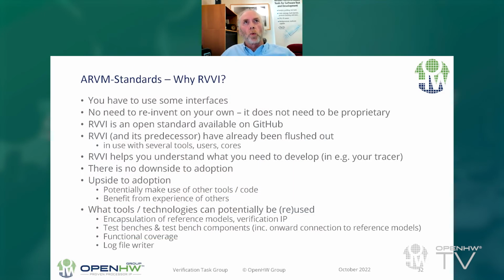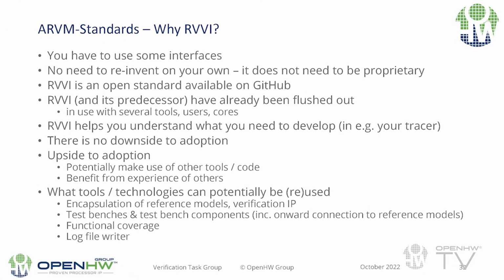And you say, okay, so why RVVI? Why should we think about this? Well, you've got to use some interfaces, and there's actually no need to reinvent your own, because they don't really need to be proprietary, and you actually don't want them to be proprietary, and then you can reuse other blocks from elsewhere and things like that. And RVVI is really an open standard. It's up on GitHub. It's not proprietary. And it's already been flushed out in use in several different projects with several different components in there.